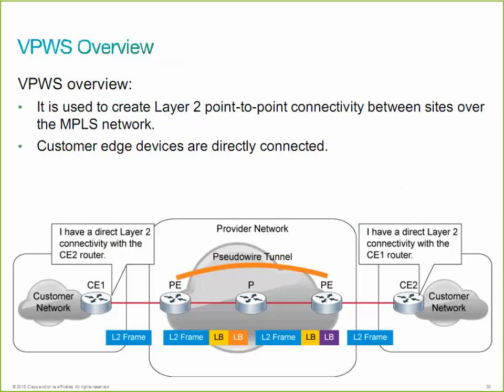So this whole architecture is based on a concept called a pseudo wire. The pseudo wire itself carries the customer's layer 2 traffic from site to site over that MPLS network. It's a connection between the PE routers that emulates a wire that's carrying layer 2 frames.